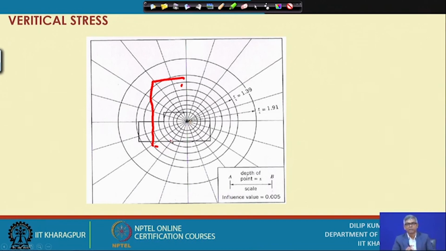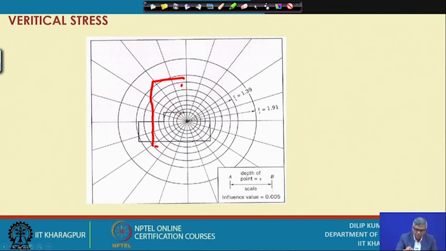So, whatever way you orient it, if the point of interest is fixed, it will actually cover the same number. Because of that, it is not necessary that this is the only orientation you have to place on the paper, but you can keep any orientation, and ultimately the count will be the same. The only thing is you have to know at what point you have to find out the pressure.